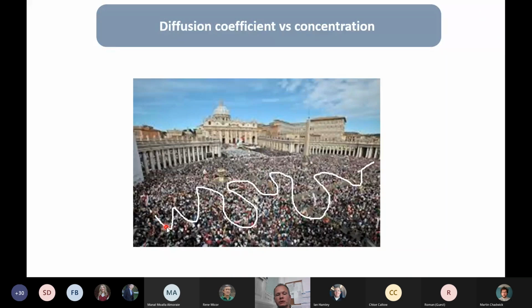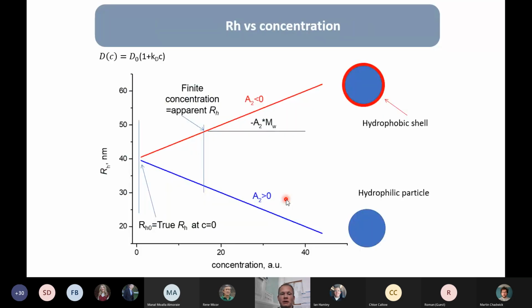But if you are supposed to run in a crowded place, like for example in this square, of course your pace will be severely influenced by the surrounding people. And actually, it's the same with diffusion. So if you have a very concentrated solution above C star, you can't measure the real diffusion coefficient, but you're measuring the so-called apparent diffusion coefficient, right?